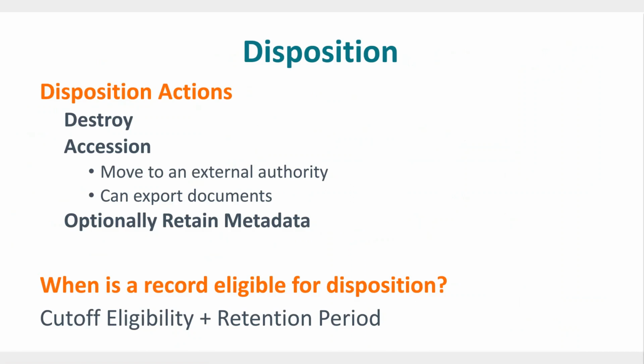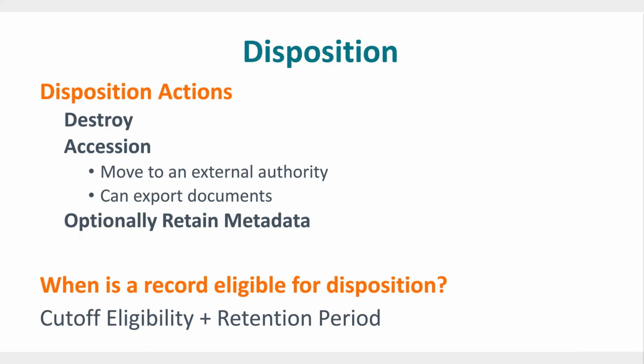Now let's talk about what the dispositions are. Within Laserfiche, you have the ability to destroy a record. And when you destroy a record through the Laserfiche records management actions, that record can show with the metadata retained. So it will show that it was a record in your repository, but it will have a little cross on it that shows that it's crossed off and it's been destroyed, but you can still see the metadata.